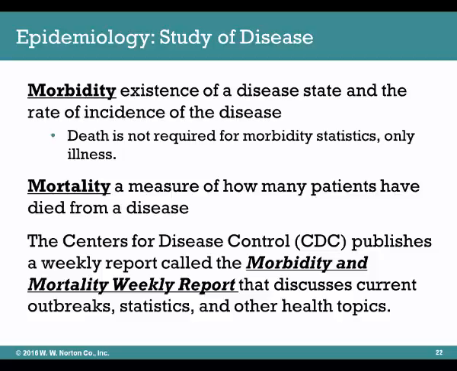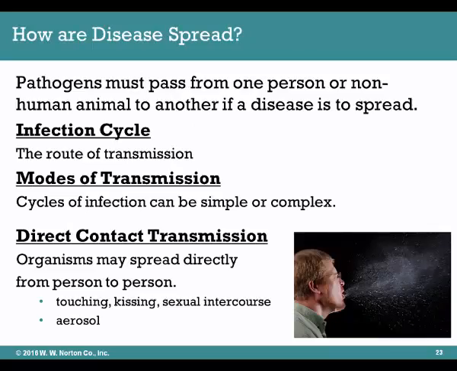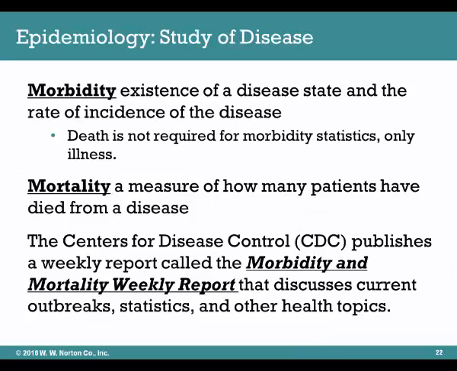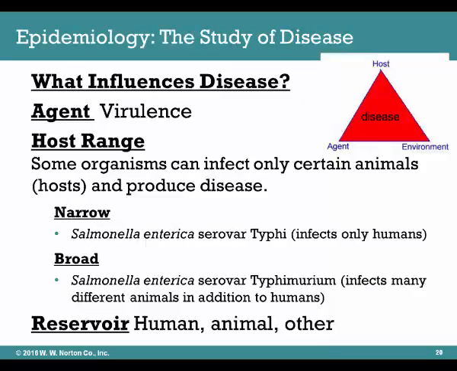So epidemiologists deal a lot with statistics around these measures of infectious disease. And also in making recommendations for the prevention of disease, they have to understand not just what is the host, so go back to this triangle relationship. There's a disease here in the red that we see is characterized by an agent or a pathogen.